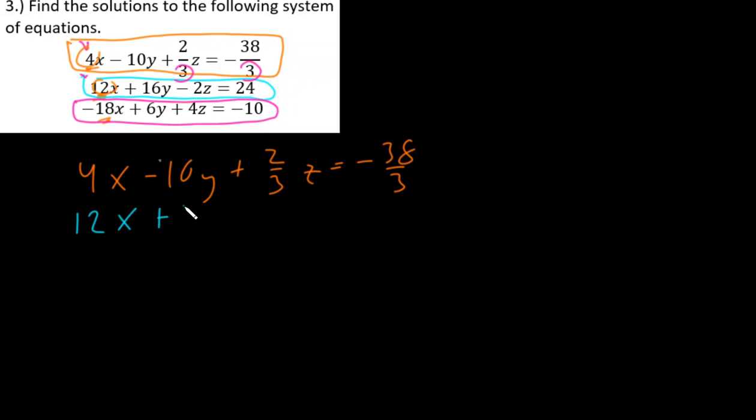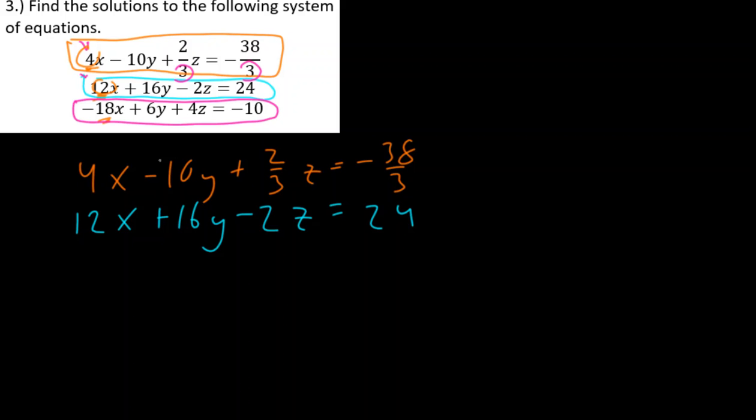So let's tackle this. Let's say, okay, we have 4x minus 10y plus 2 over 3z is equal to negative 38 over 3. And we said we're going to use this one to get rid of our second equation, that 12x plus 16y minus 2z is equal to 24.